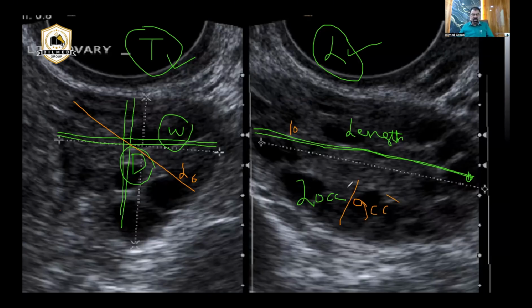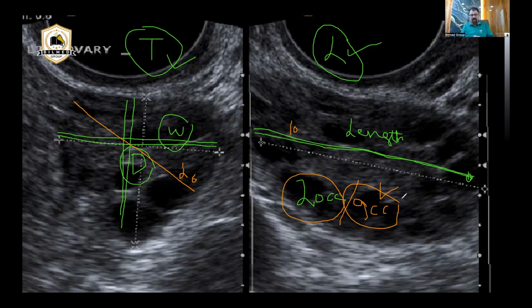Now, the machine gives you 9 cc because you have wrongly taken the length of the ovary. With 20 cc, you were thinking it to be a PCOD, for example, but with 9 cc, you will not be thinking along the lines of PCOD.